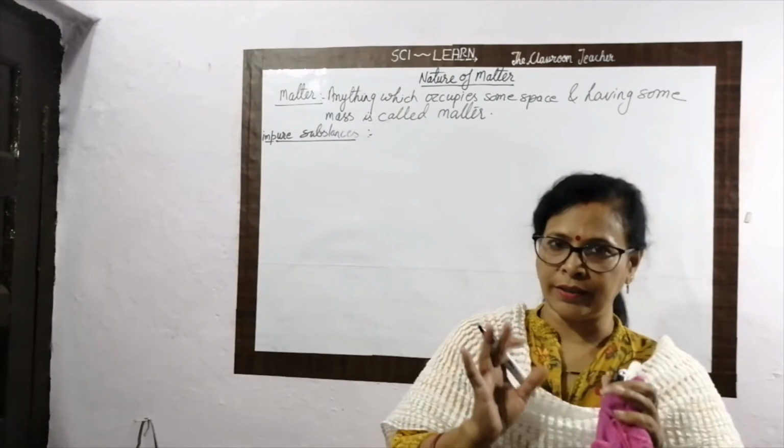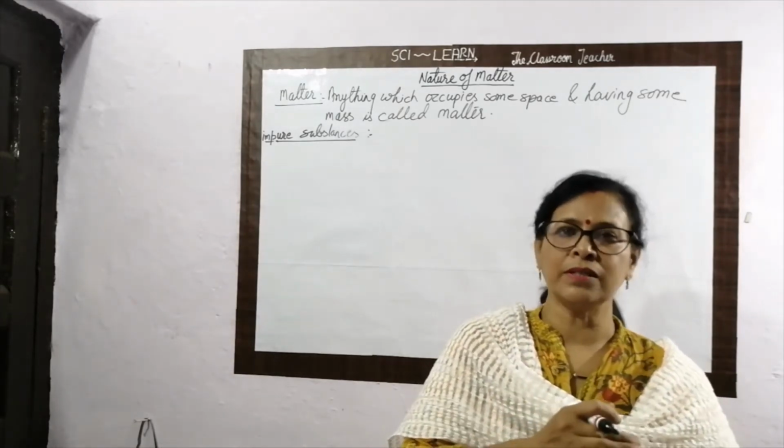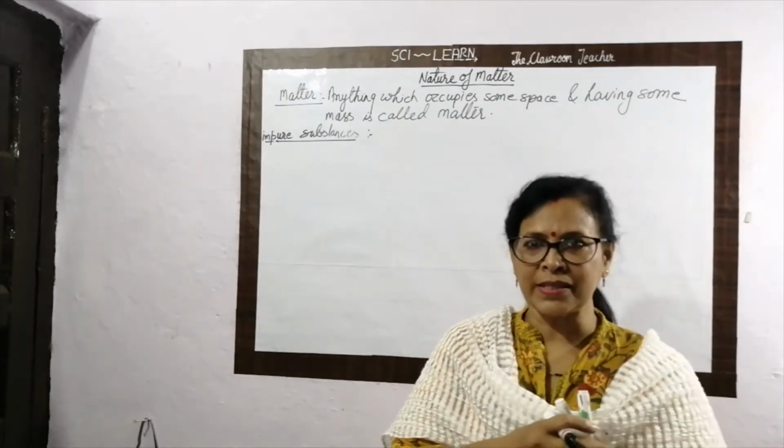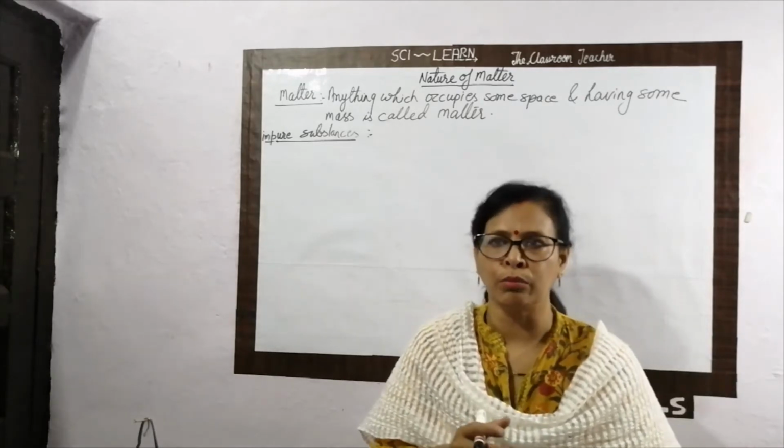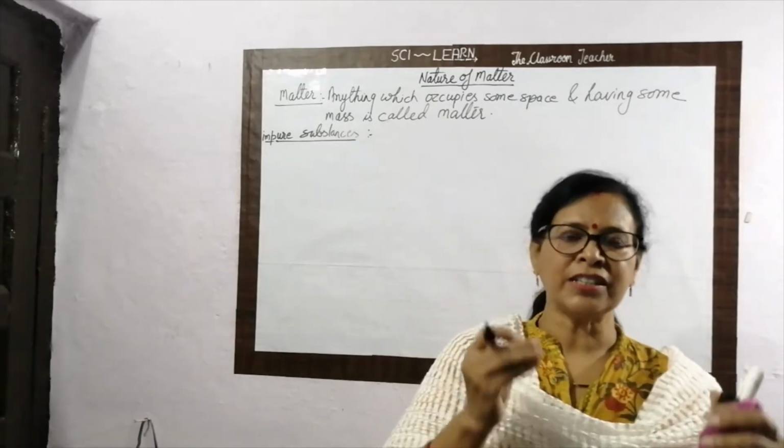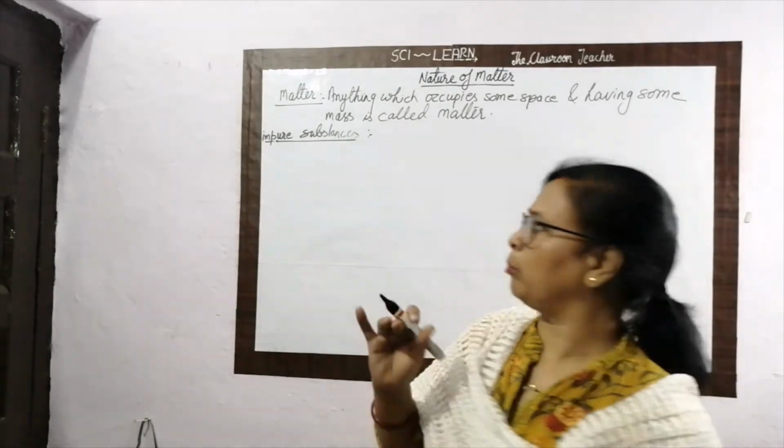Now write only the definition. Impure substances are a mixture of two or more chemically different substances mixed in any proportion.